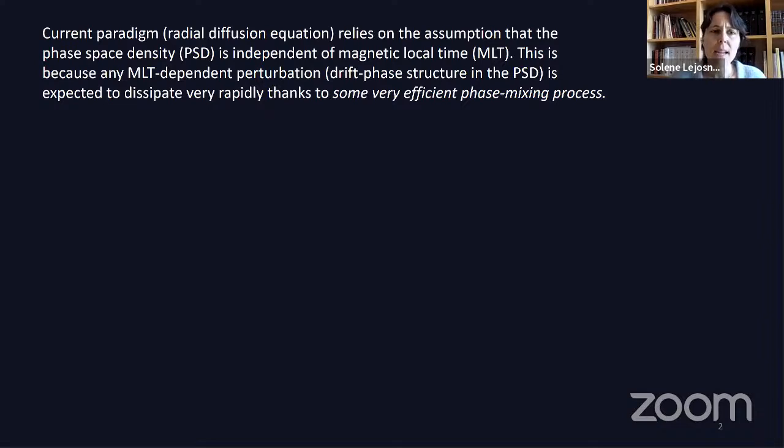The reasoning behind that is that even if you have a perturbation that depends on magnetic local time, what is also called drift phase structures in phase space density, then this perturbation is expected to dissipate very rapidly. This is thanks to a process that we call phase mixing, and that occurs at the drift scale. So these perturbations are not expected to live long, and as a consequence, they are not expected to really impact the dynamics of the radiation belts and their intensity.